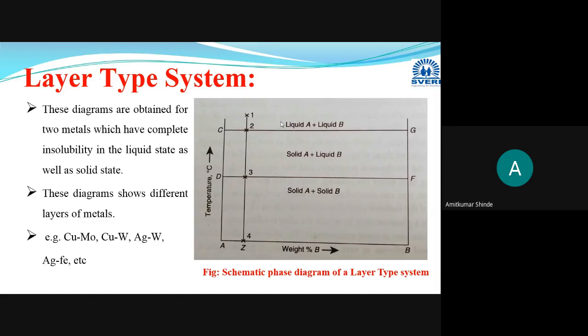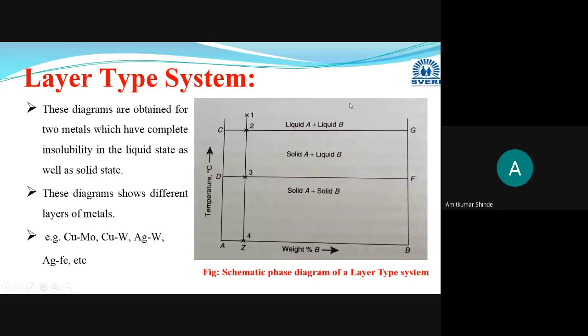As these elements are completely insoluble in each other, two different liquids will be clearly visible in the region 1 to 2. As you have seen in the isomorphous system, as metals are completely soluble, only one liquid is there. But in the case of this layer type system, in this region 1 to 2, as these metals are completely insoluble in each other in the liquid state also, you will be able to see two liquids.